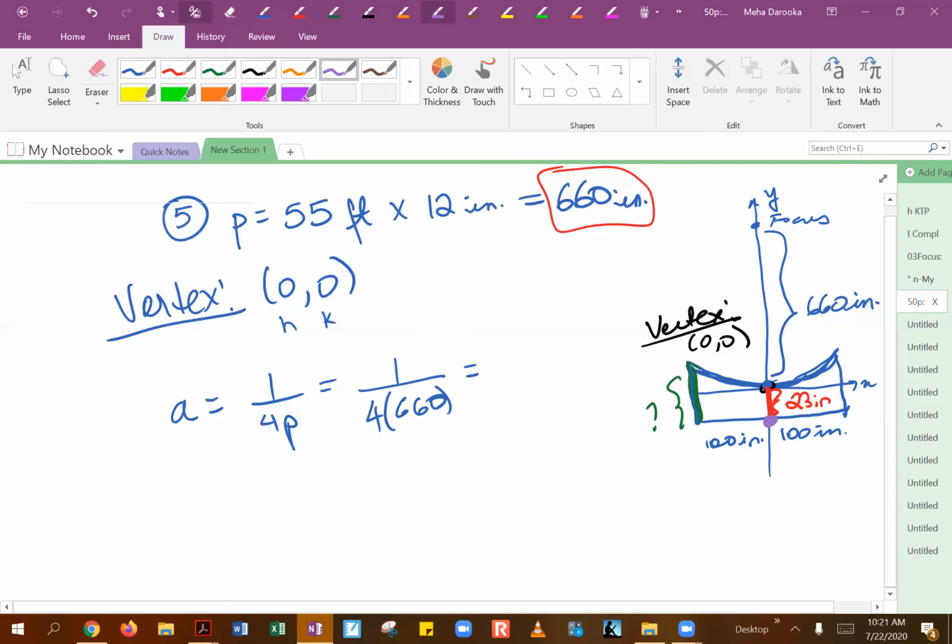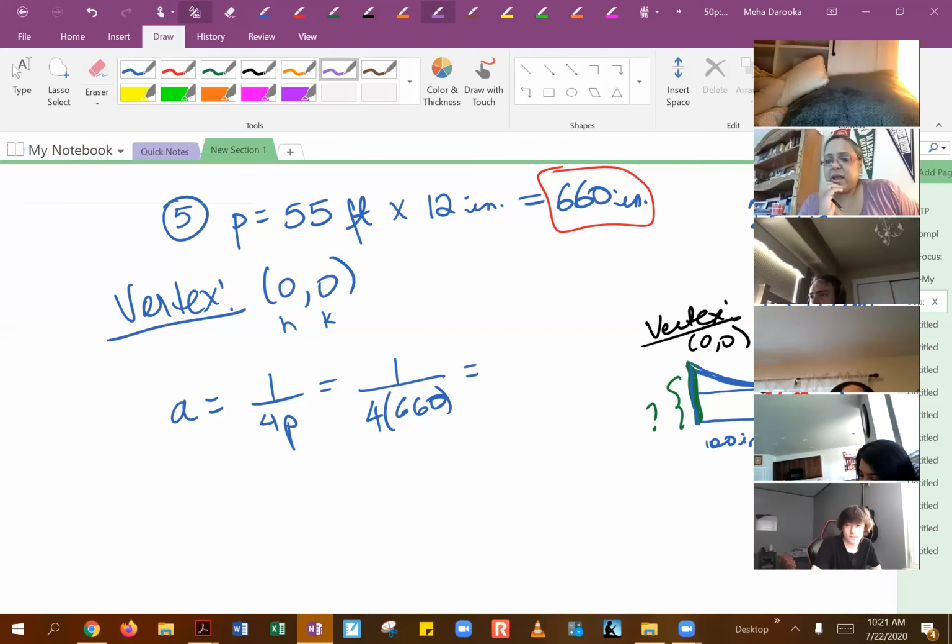But your parabolic surface is only going to be on the upper part of your graph. So that means your vertex is actually going to be right on the top of that parabolic surface. So you're actually going to be above that 23 inches. So you actually don't have to take that into consideration. Does that make sense?